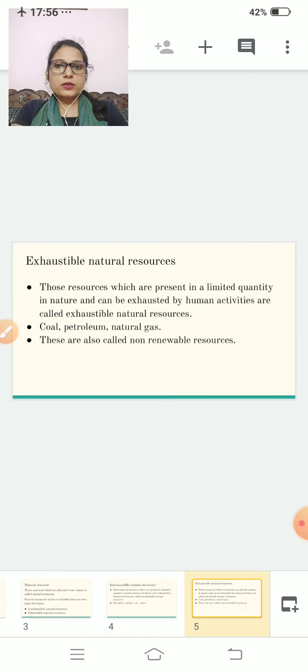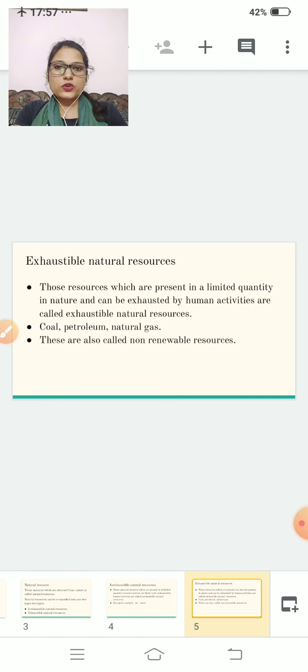What do you mean by exhaustible? Exhaustible means which can easily finish, and they are present in very limited amount on the earth. So those resources which are present in limited quantity in nature and can be exhausted by human activities are called exhaustible natural resources.